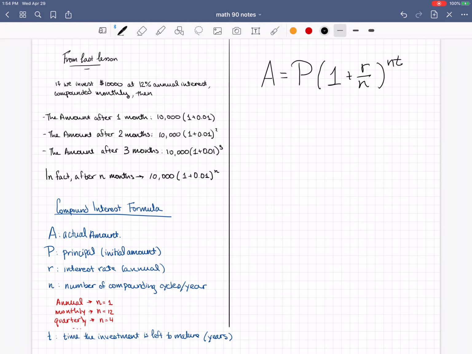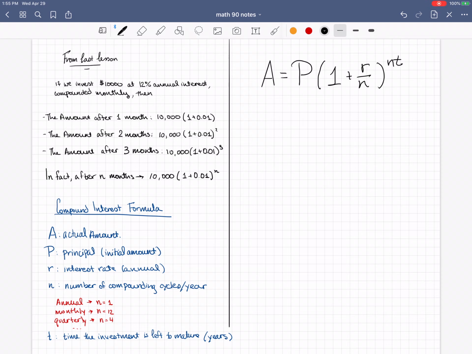So this is something that we were seeing in the example that we did, but of course the example there was very short term. We were just looking at a couple of months, but you can imagine if from our last lesson, I had asked you the question, what's the value of this investment going to be in 2 years?